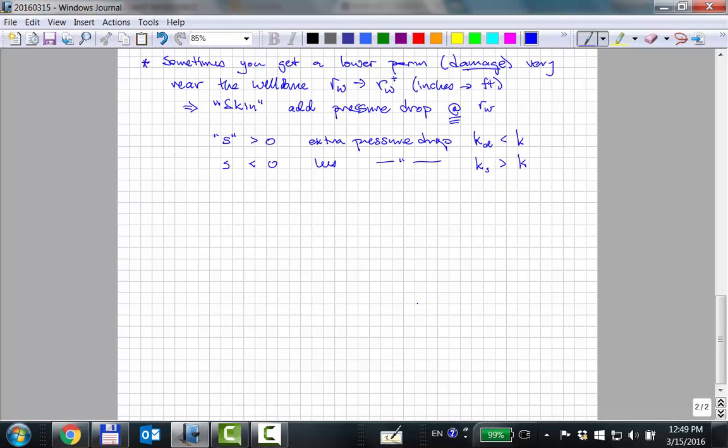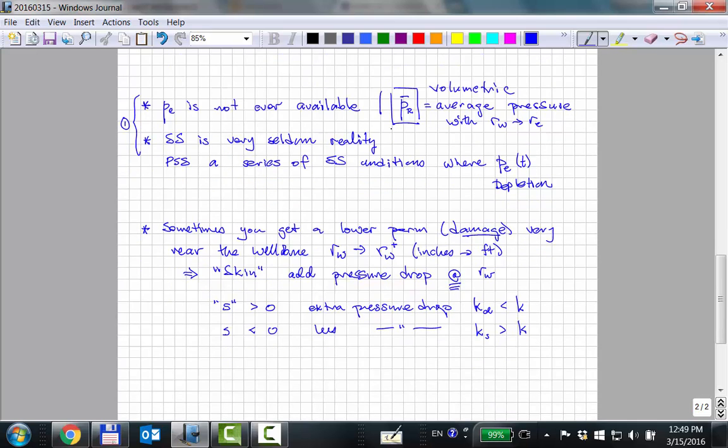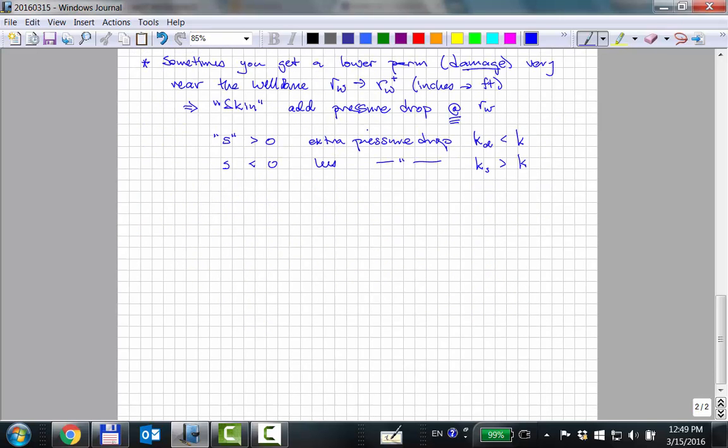So how are we going to handle this first? We're going to use average volumetric pressure instead of PE in the equation. So this is our radius, at our wellbore radius.